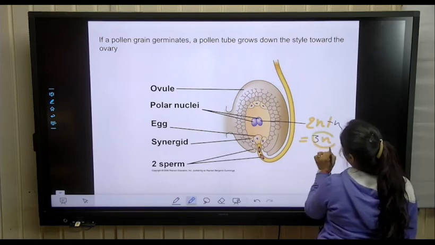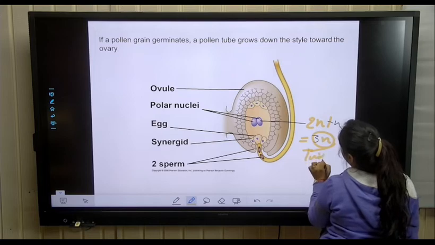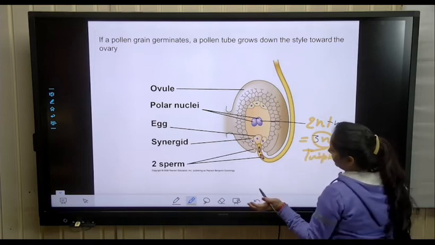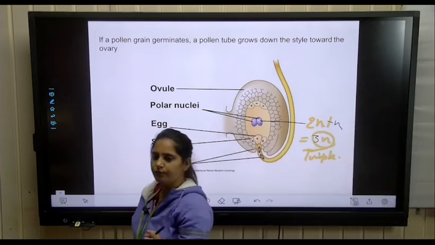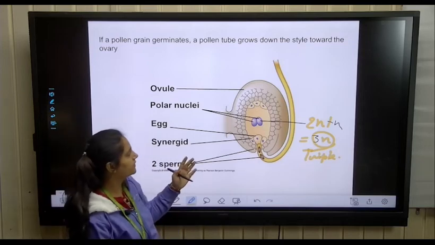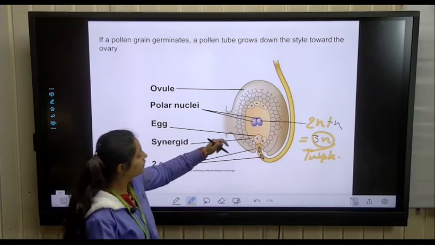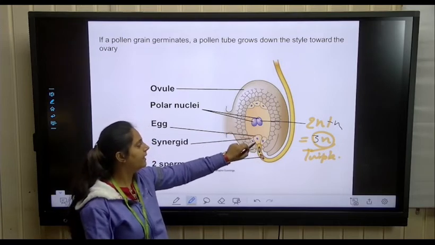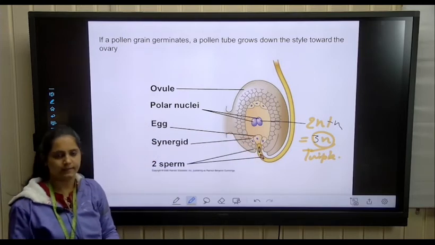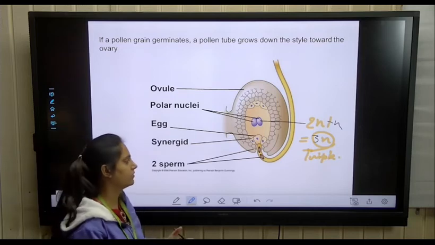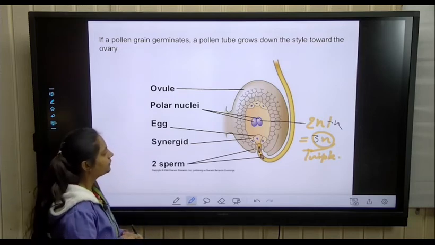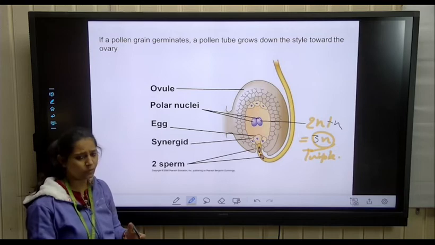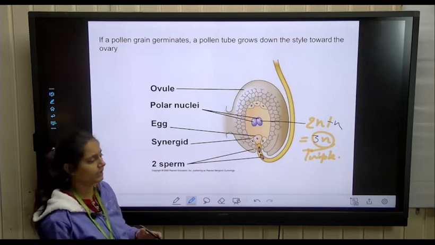So this is known as triple fusion, because there is fusion of 3 nuclei. And it is known as double fertilization because 2 types of fertilization are taking place, one with the polar nuclei and one with the egg cell. Therefore it is also known as double fertilization. So what is the significance of double fertilization?